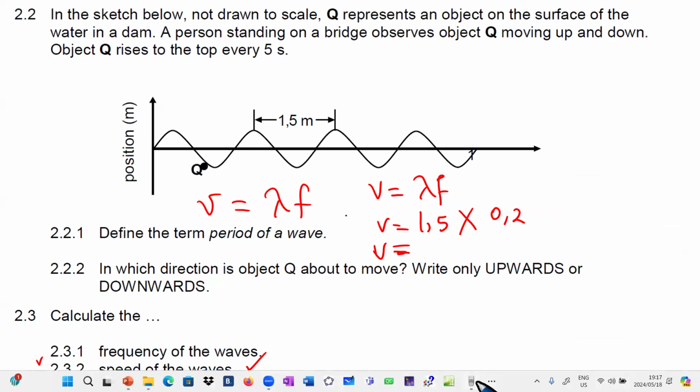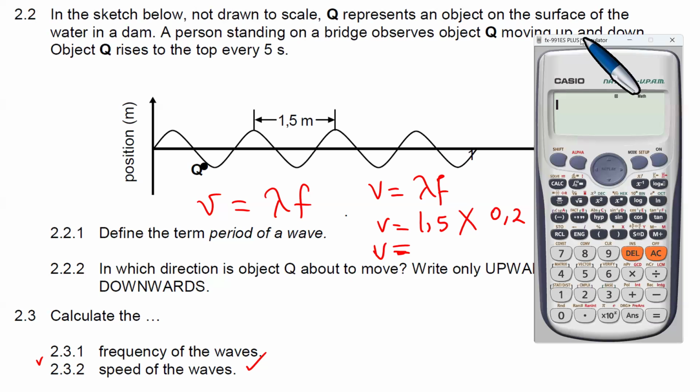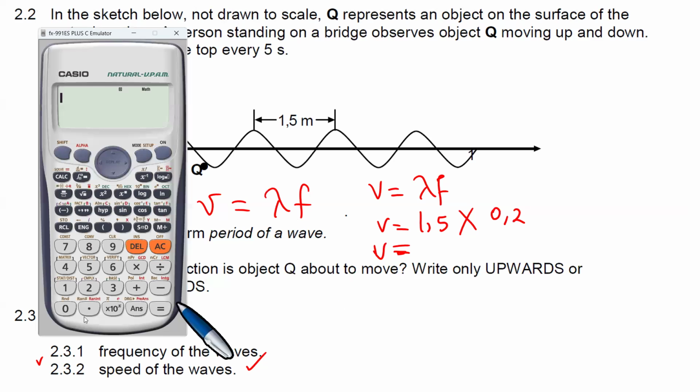So on this calculator, we're going to take 1,5 multiplied by 0,2, and the answer is exactly 0,3. Well done.